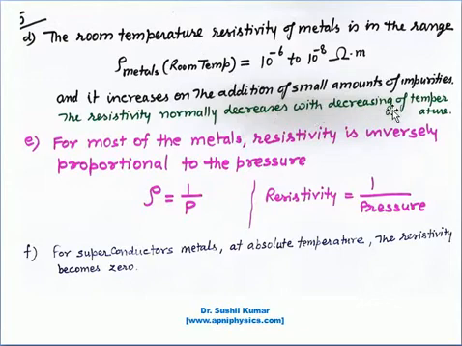Resistivity normally decreases with decreasing temperature. Next, for most metals resistivity is inversely proportional to the pressure. Here rho represents the resistivity and P represents the pressure. And the last point, for superconducting metals at absolute temperature the resistivity becomes 0. There are some metals whose resistivity becomes 0 at absolute temperature.